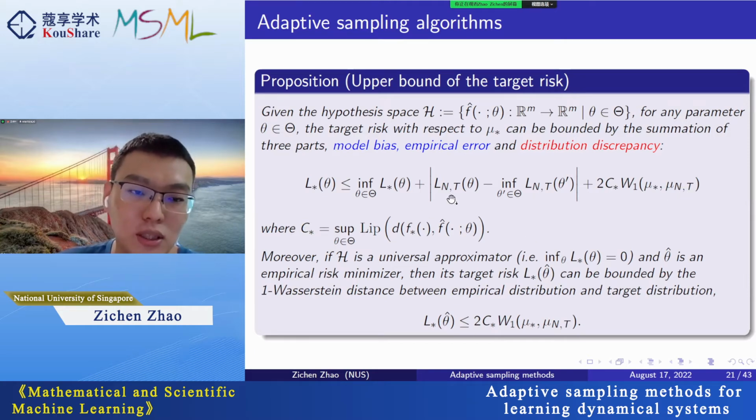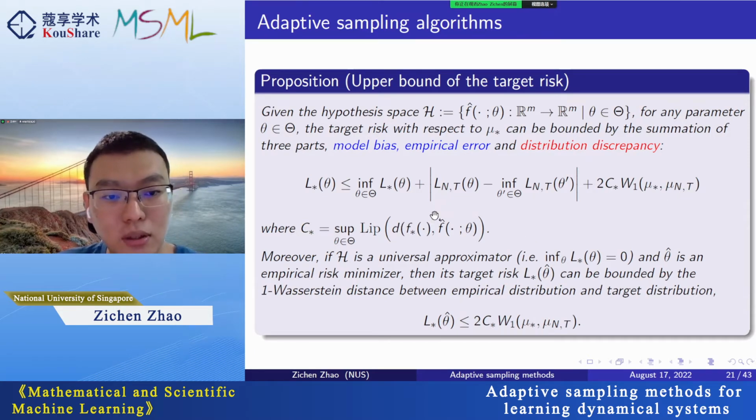Moreover, if H is a uniform approximator, which means the model bias can be reduced to zero, this term just vanishes. And if we can get theta hat as the empirical risk minimizer, then the empirical error can also be reduced to zero.